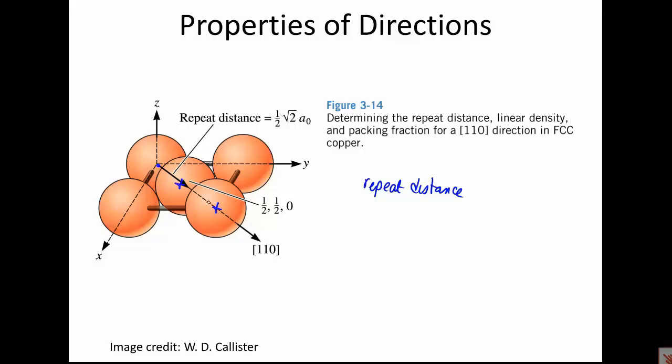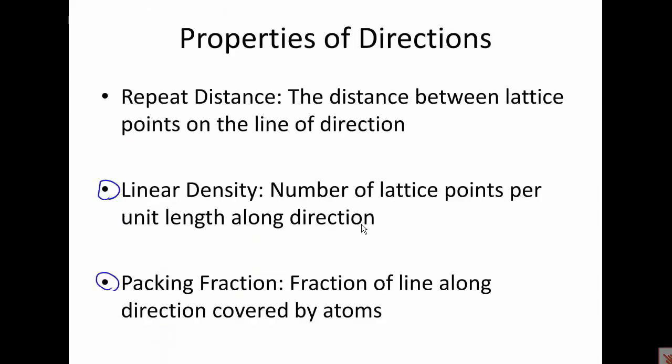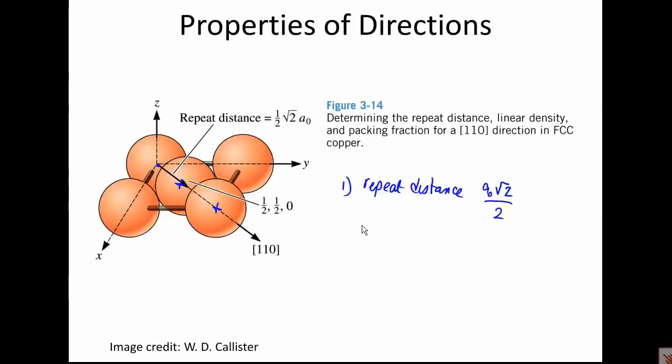Here we can see it's going to be half the size of the diagonal of the unit cell, which is root 2 a0 divided by 2. So I have the repeat distance. Another thing, so we have the linear density, the number of lattice points per unit length. That is going to be the reciprocal of the repeat distance.